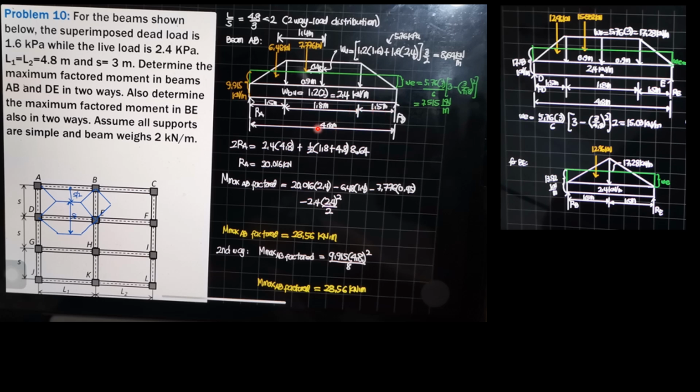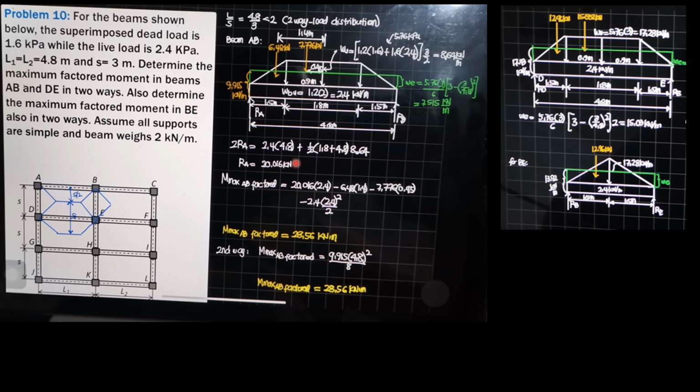So 4.8 minus 1.5 minus 1.5, 1.8. So the area of the trapezoid is 1/2 upper width, which is 1.8 meters, plus lower width, 4.8 meters, times the intensity of the load, which is factored 8.64 kilonewtons per meter. So we get 20.016 kilonewtons.